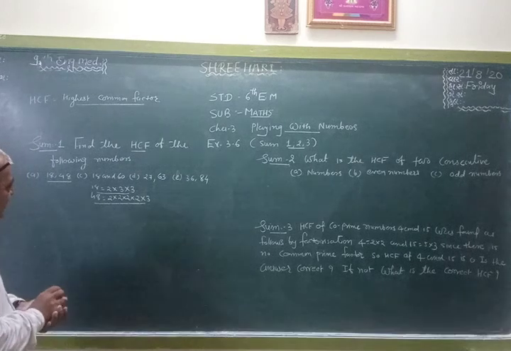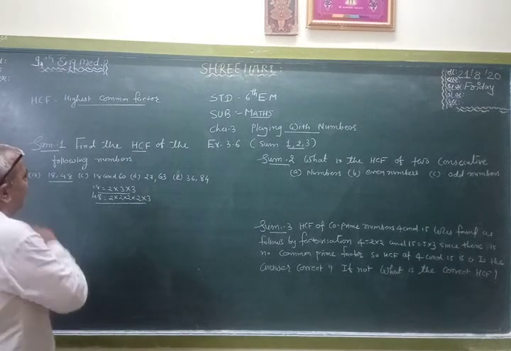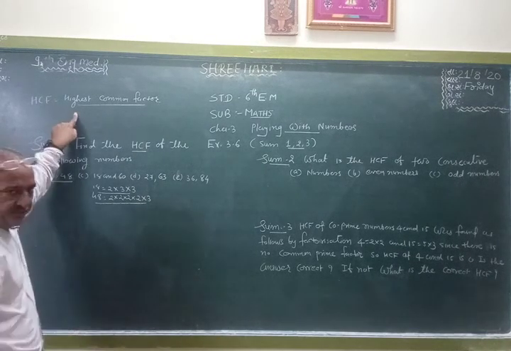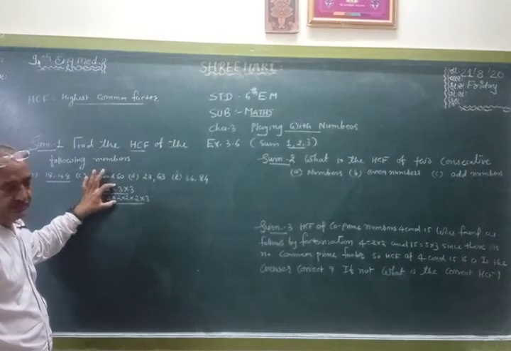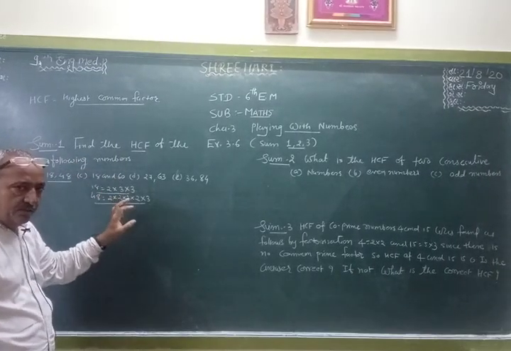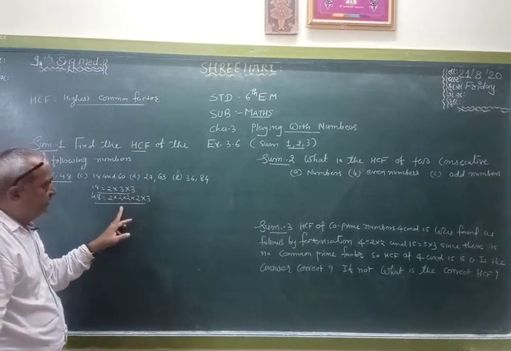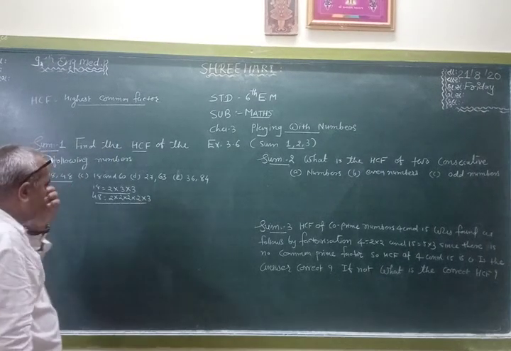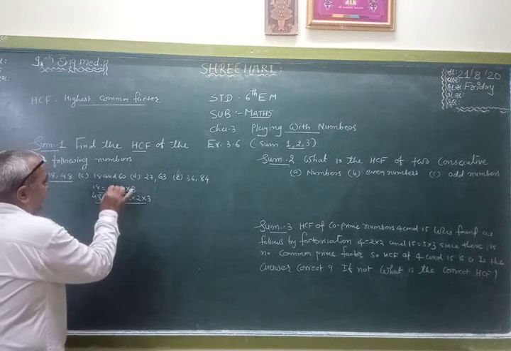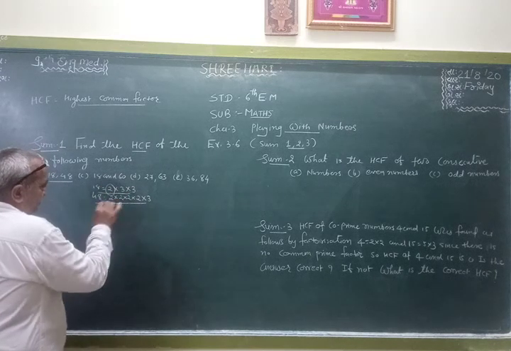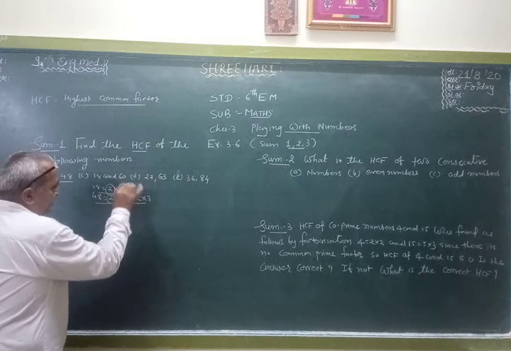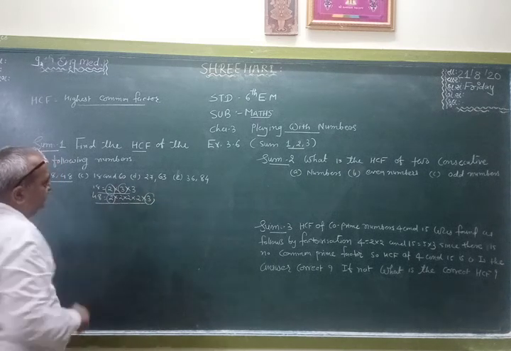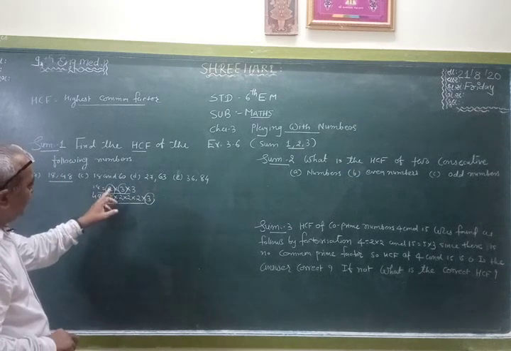Now how can we find the HCF? HCF means highest common factor. Common means in both numbers. The number which is in both numbers is known as common. Now you can see here in 18 there is 2, here also 2, here 3, here also 3. The common factors are 2 and 3.